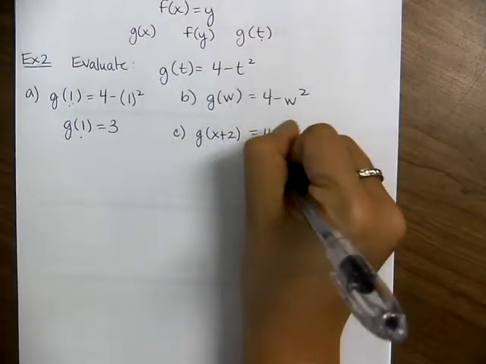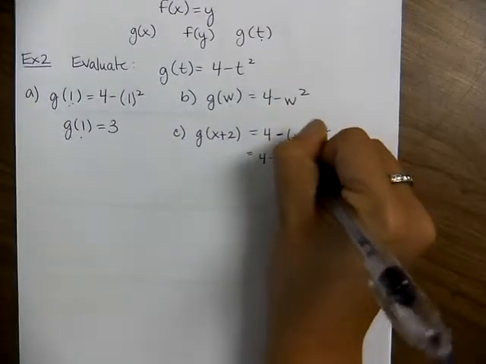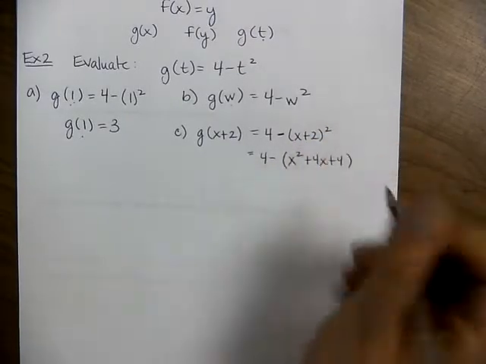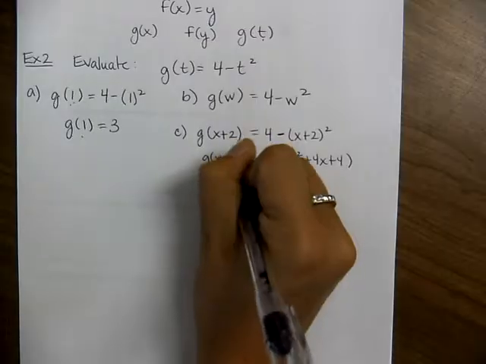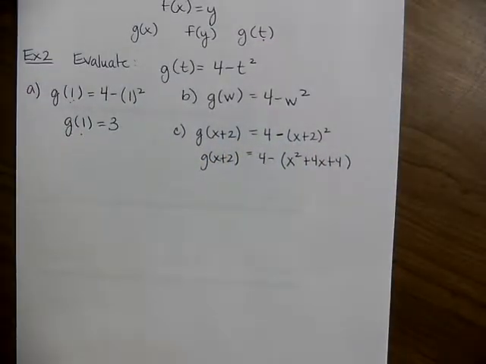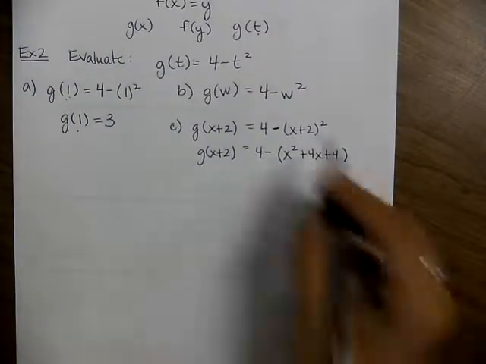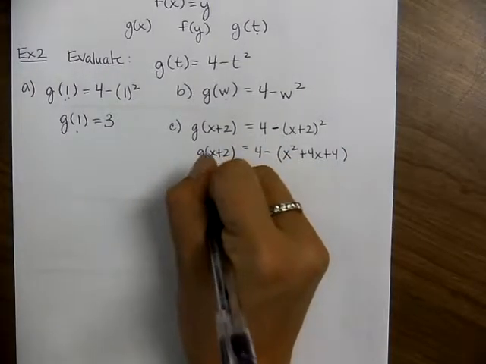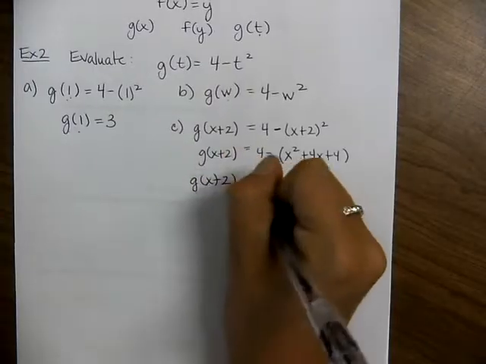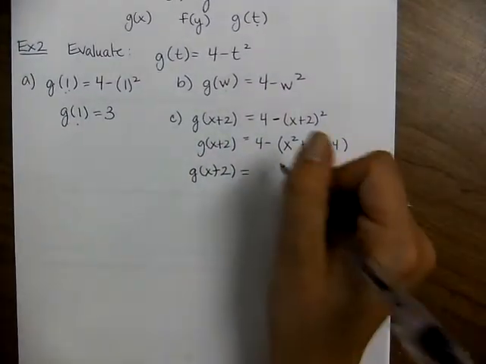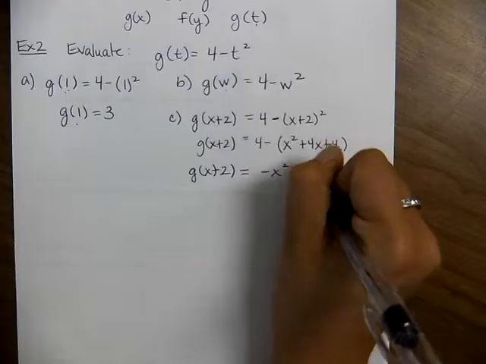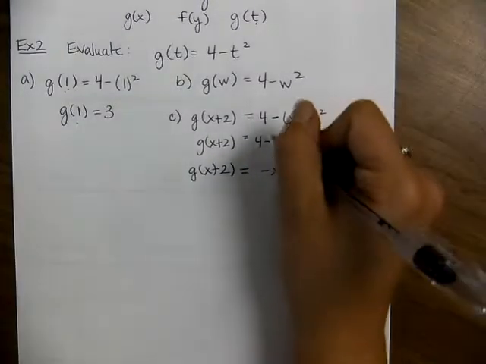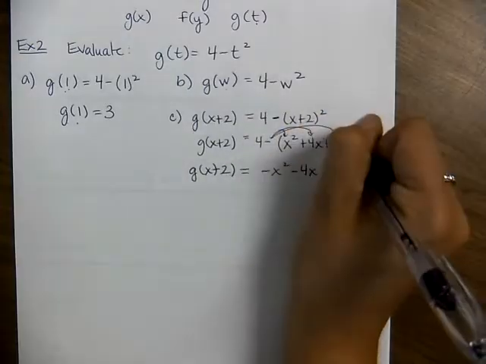So I'm going to get 4 minus x squared plus 4x plus 4. I'm going to keep writing that notation so I don't forget to include it in my final answer. Now I can distribute my negative sign and combine like terms. So final answer should be g of x plus 2 equals negative x squared minus 4x. Those 4's are going to cancel. Right? That negative sign has to distribute to every one of those.